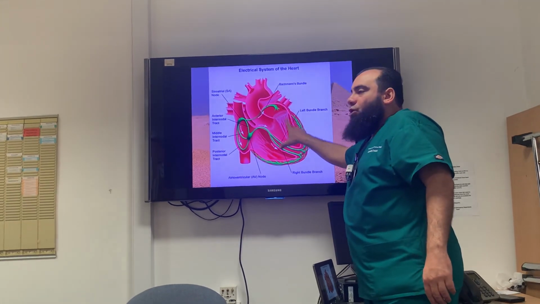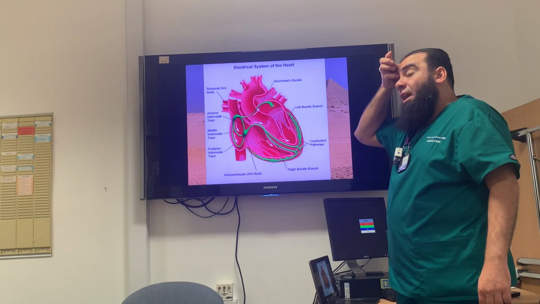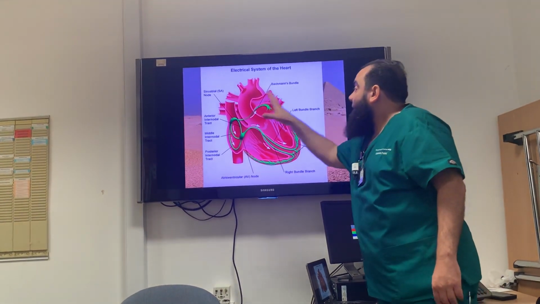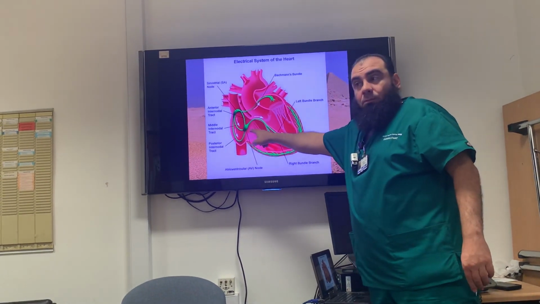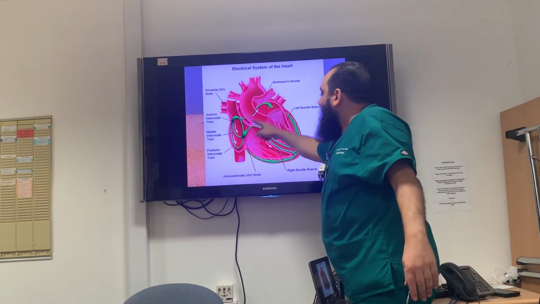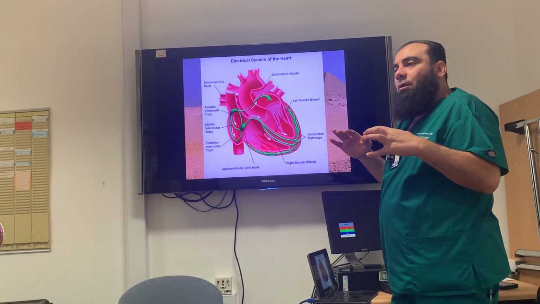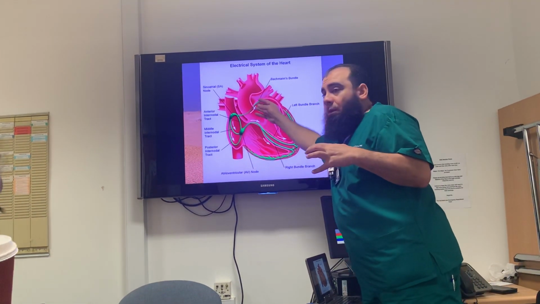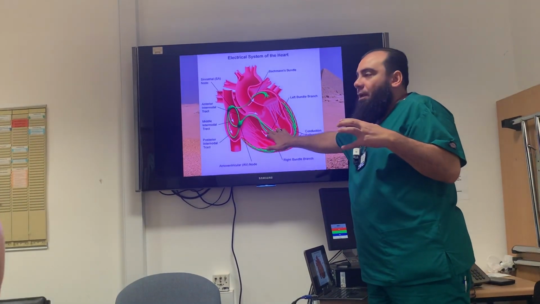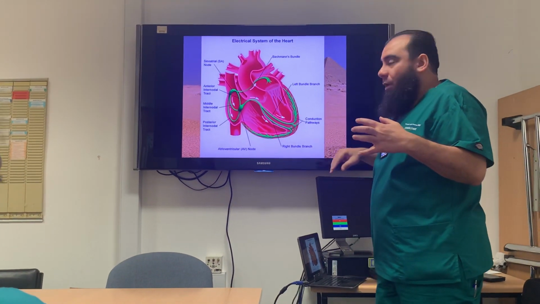How does it go to the ventricles? Through the AV node. We do not have any other pathway to deliver the electricity from atrium to ventricle except the AV node. All the rest is like a barrier. The AV node lets the excitation be trapped there for a while, allowing the blood to come down, and then it goes to the bundle branches to make an excitation in the ventricles.